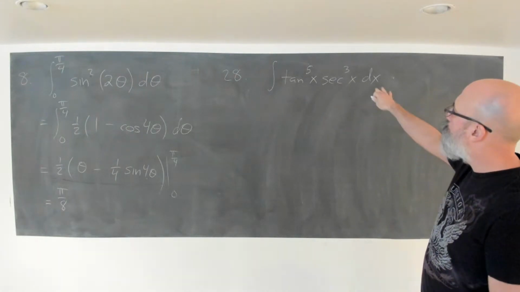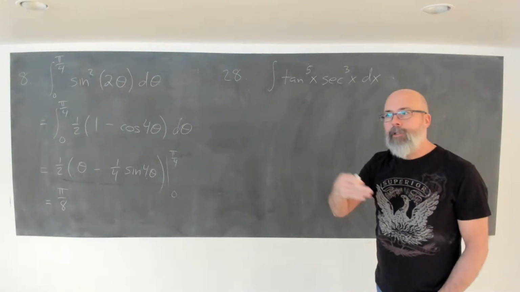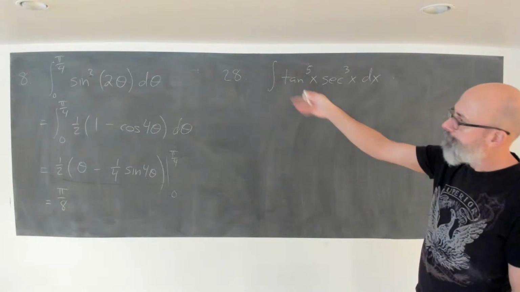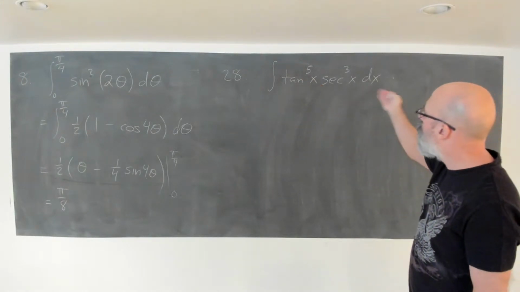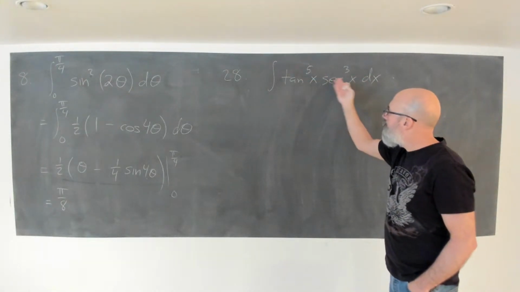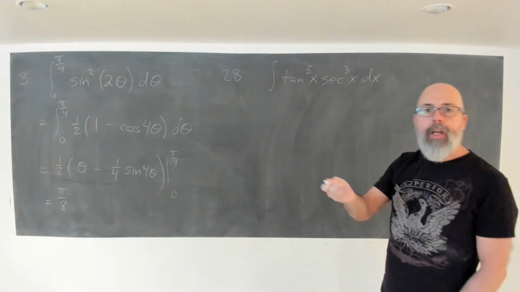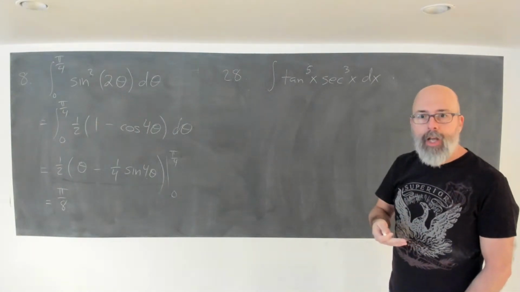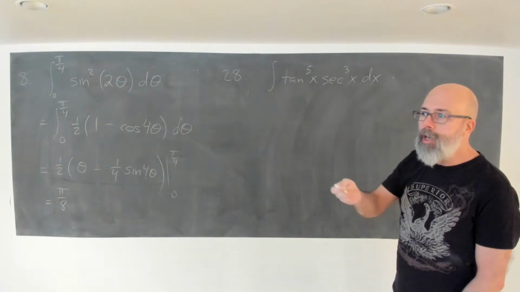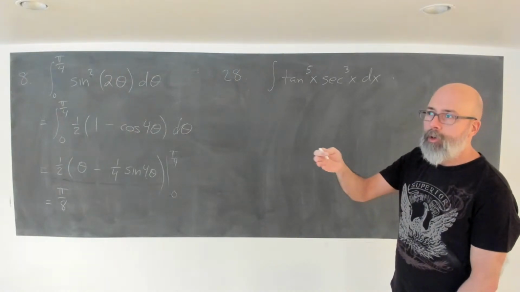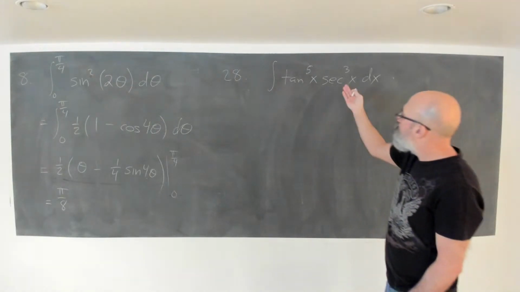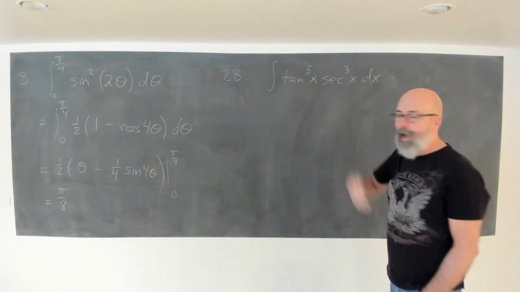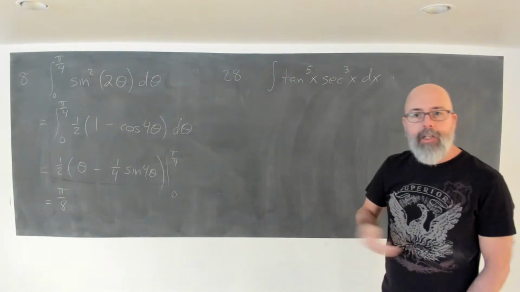And speaking of exercises we're looking at, you may have noticed that we did stuff with sine and cos. We did stuff with tangent and secant. We did not do any with cosecant and cotangent. The reason is that stuff with cosecant, cotangent is the same as stuff with tangent and secant.